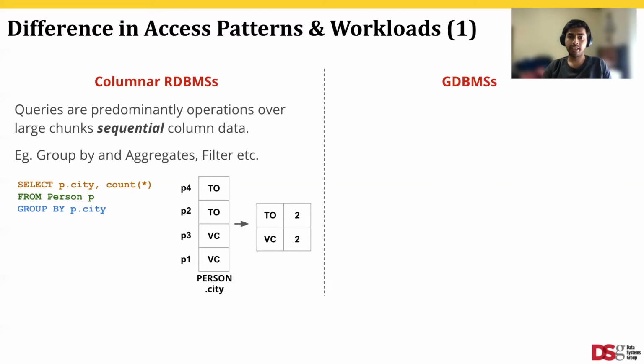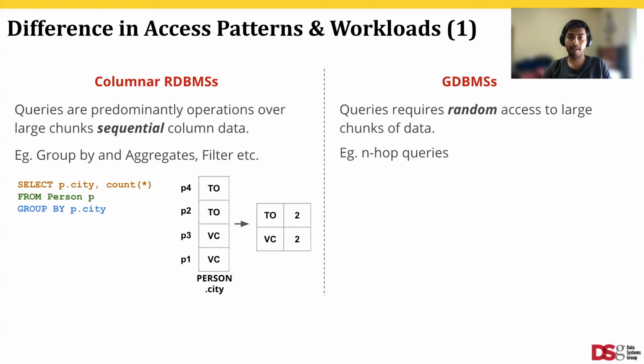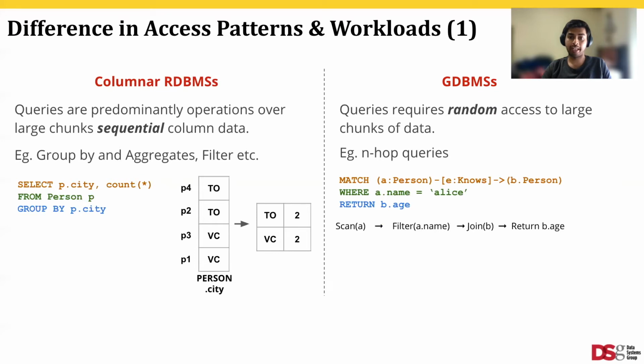In contrast, a typical query in GDBMSs is like finding friends of a person and operating over their properties. Such queries too access a large amount of data, however, they now do so randomly. Consider a one-hop query which reads the age of Alice's friends. Our plan scans all persons and filters Alice, which is node P3 in our representation, then joins it to neighbor nodes and finally reads the age property of those neighbor nodes.